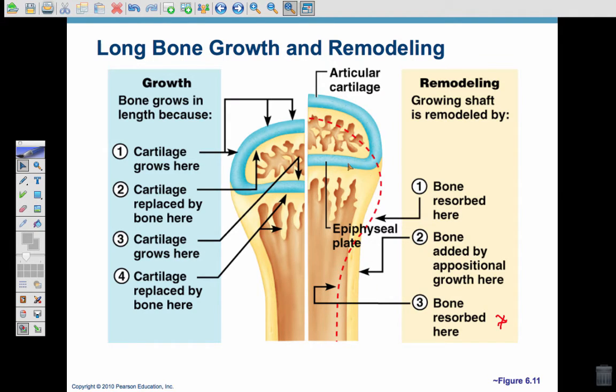So this is the kind of thing that happens in growth, but there's also going to be remodeling as well. That is a part of this process.